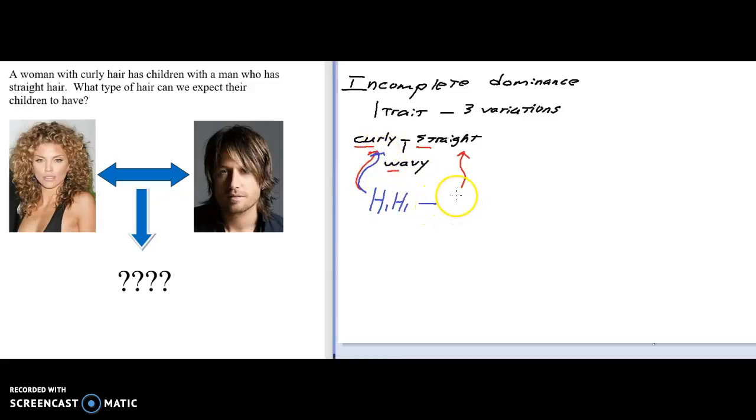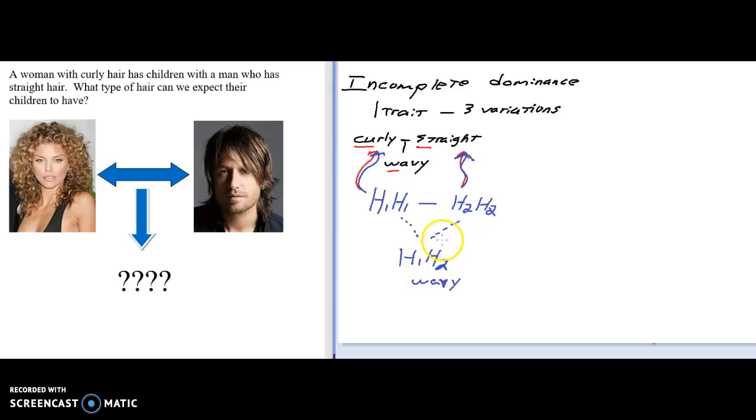And then they're going to cross with H2, H2. That will represent straight. And when you take one of these and one of these, you get an H1, H2. And the H1, H2 individual is going to be the wavy-haired individual. They're the half and half of each of the parents.